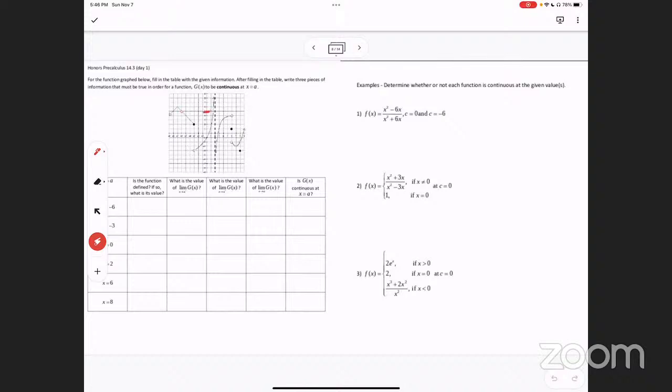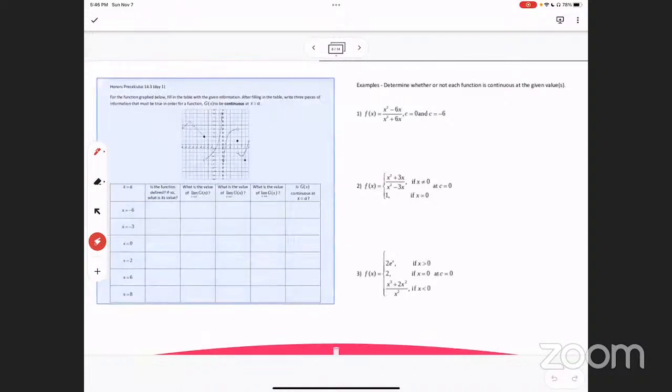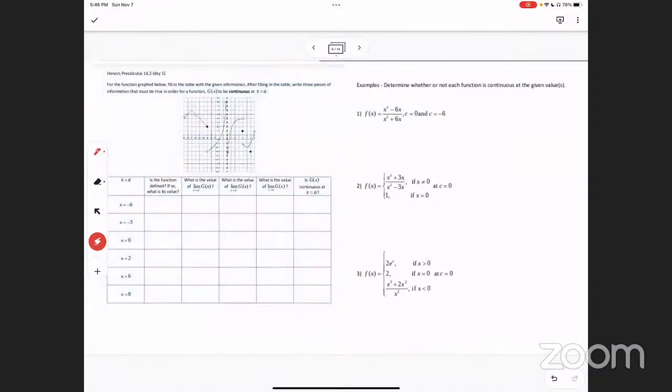The function value would have to be 5 for that one. So for the limit to exist at x equals negative 6, it says, is the function defined? If so, what is its value? Well, the value has to be 5 because that's what the limit is at that point.